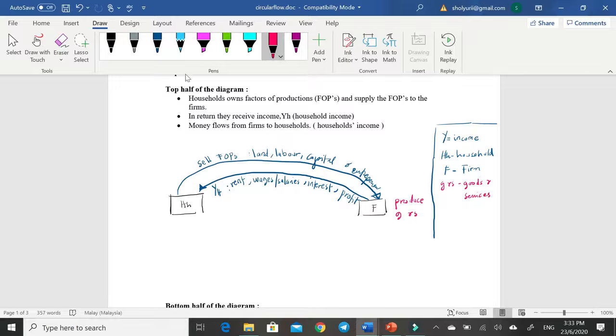Sebab itulah explanation dia, top half of the diagram said household as the owner of the factors of production, which is land, labor, capital, entrepreneur, they will supply, means sell, the factors of production to the firm. Sebab firm adalah productive sectors yang know how to utilize the factors of production. In return, they will receive income. Kita tulis YH. YH stands for household income.